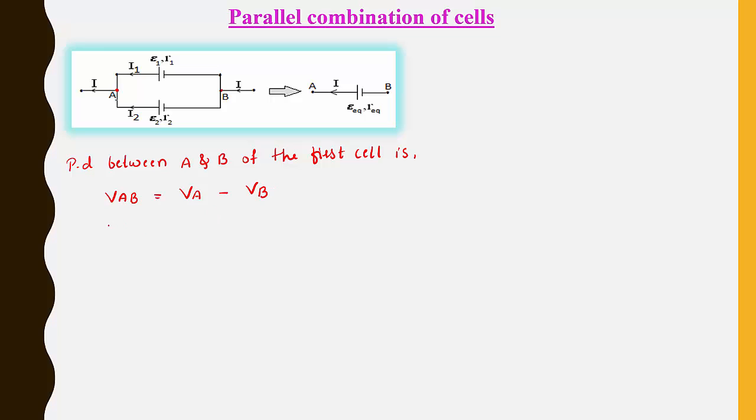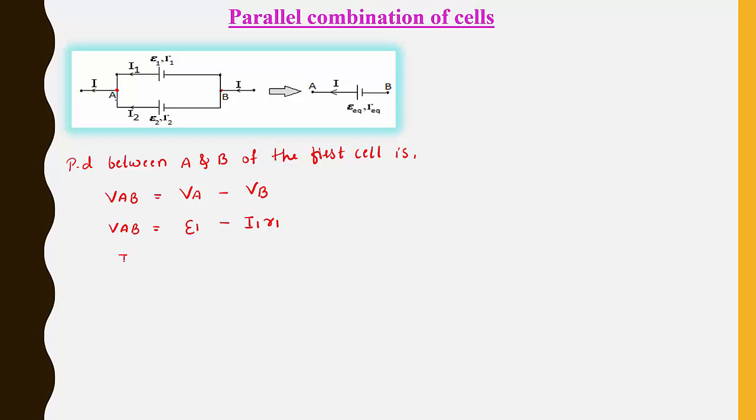Or we can also write this equation as VAB is equal to, as we already studied in the previous class, E1 minus I1R1, because we considered two cells connected in parallel. Or we can take this minus I1R1 to the LHS, it will become plus I1R1, and we can take VAB to the RHS, it will become minus VAB.